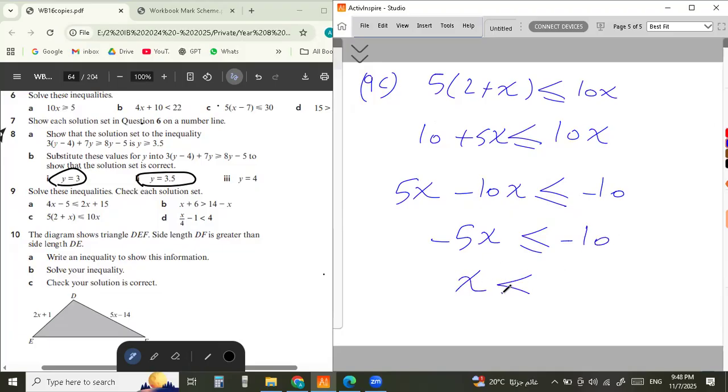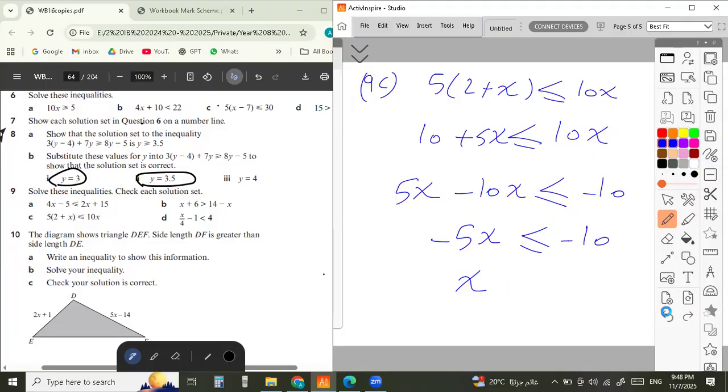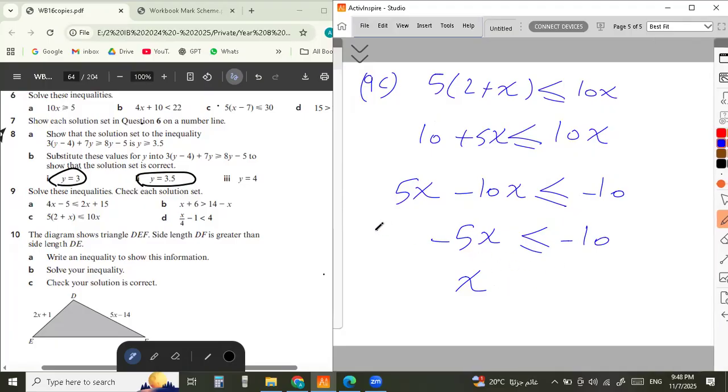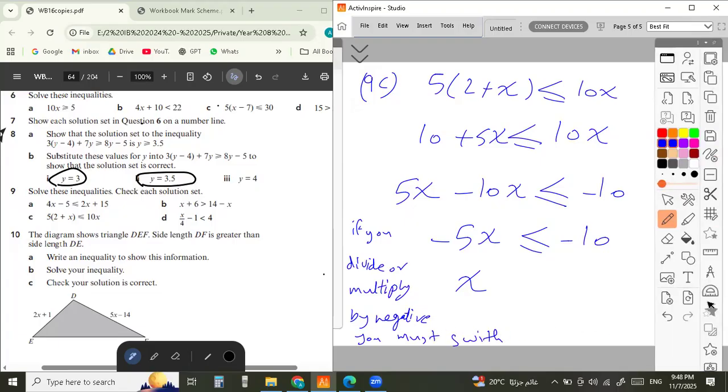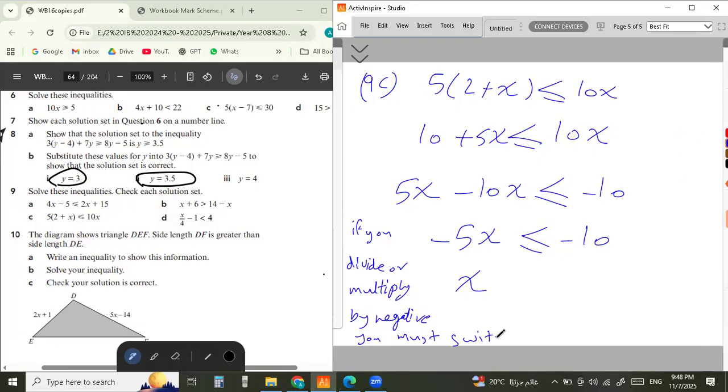Then x is less than, okay, mister, if you divide or multiply by negative, you must switch the inequality.